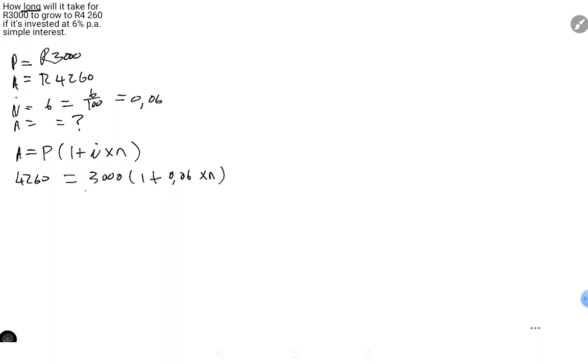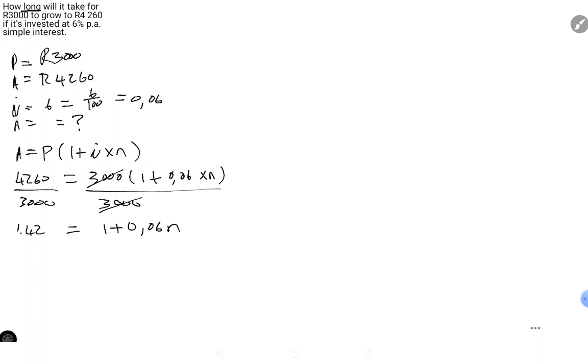The opposite of multiplication is division. So we do that on the left hand side as well as on the right hand side, so that cancels. So I've got 4,260 over 3,000, and that gives me 1.42.